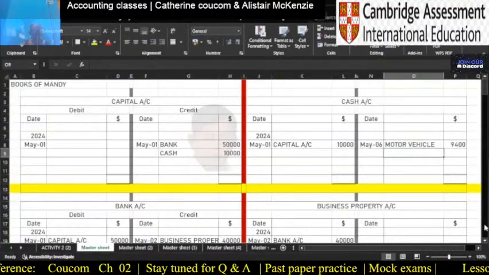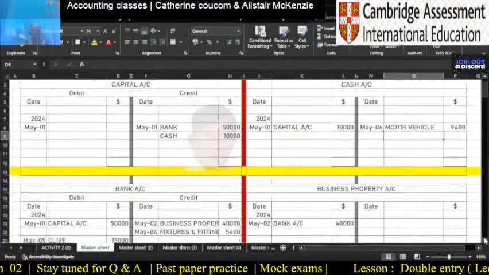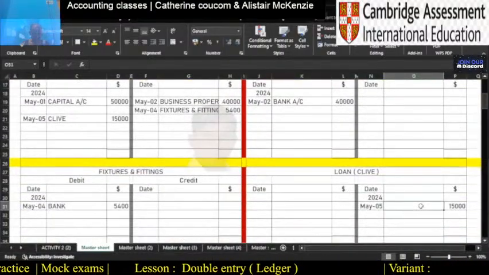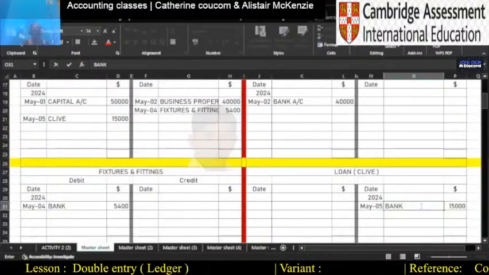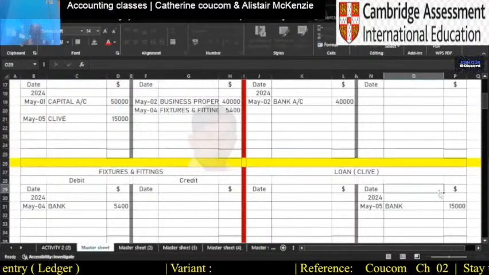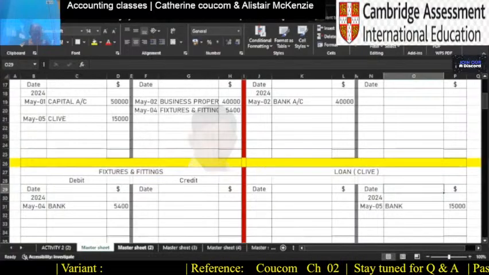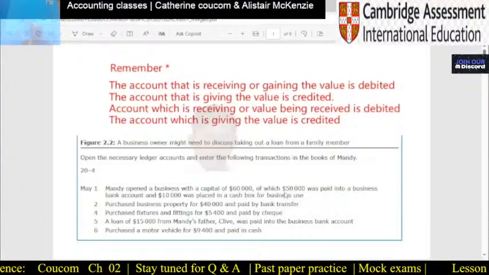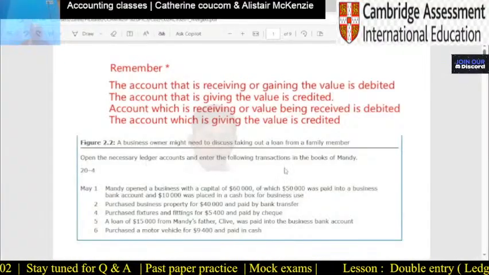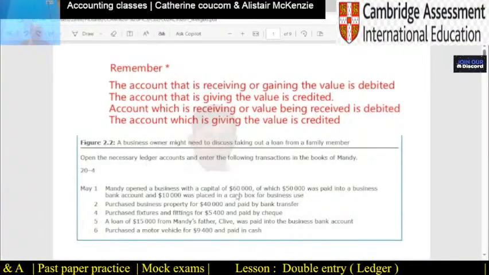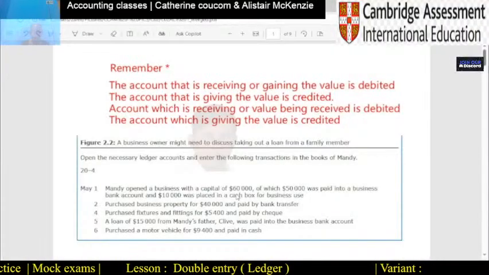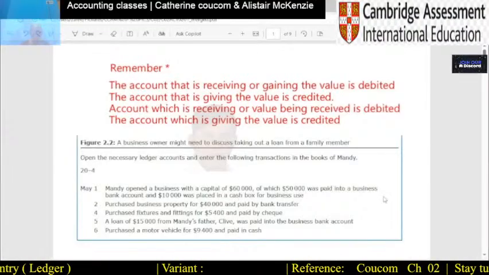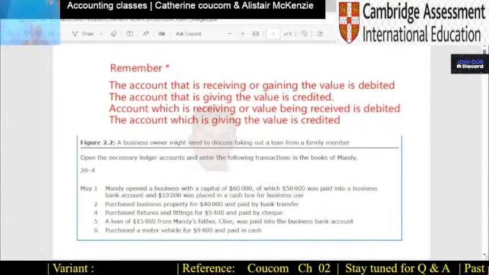And so here, business property, Clive. So here, bank. Clive has paid to bank 15,000. That's all. Enter the opening balances and enter the following transactions, and it is done. So we have entered all the transactions.